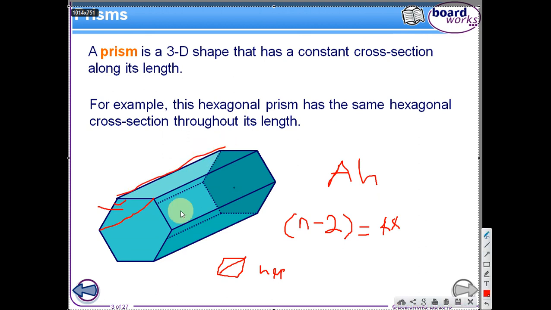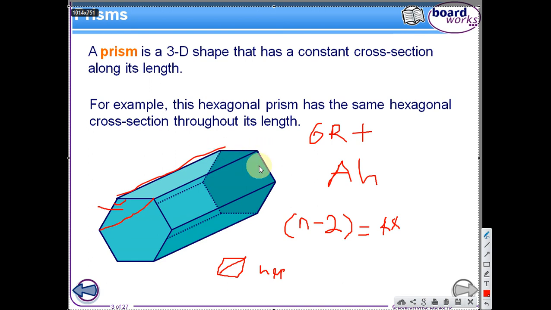And if you want to find the total surface area, just sum the area of 2 hexagons plus the area of 6 rectangles, because each rectangle is sitting on a side of the hexagon.